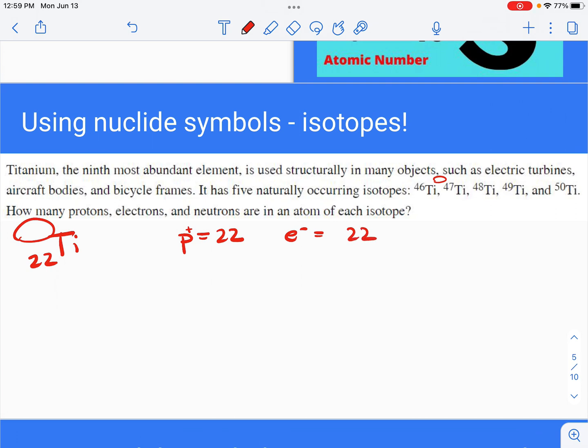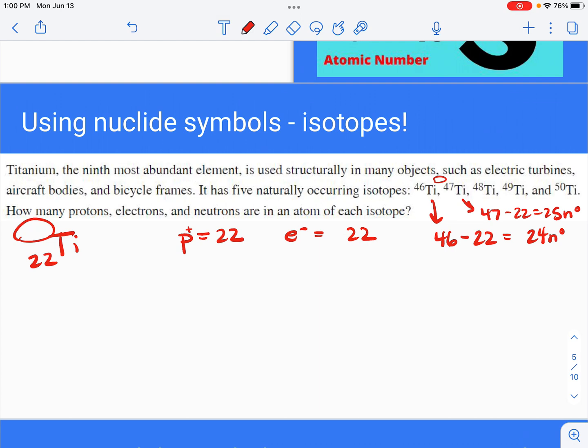And then to find the number of neutrons for all of these different isotopes, what I can see then would be for this one, it would be 46 as the mass number minus 22 protons would give me 24 neutrons. And this one then would be 47 minus 22, which is 25 neutrons, etc. I'm not going to do all of those with you.